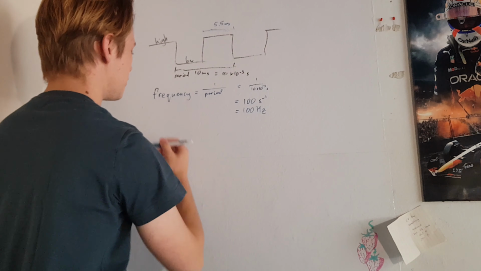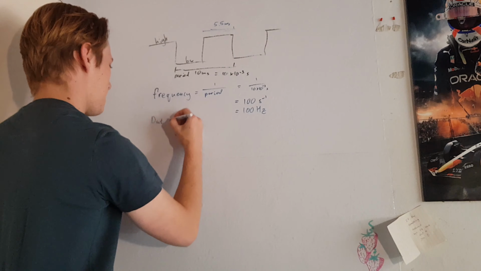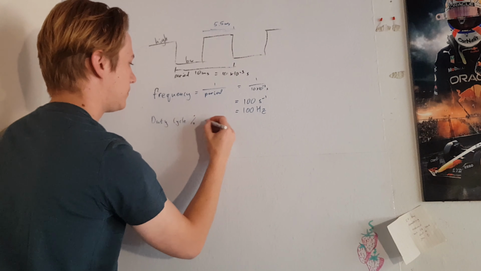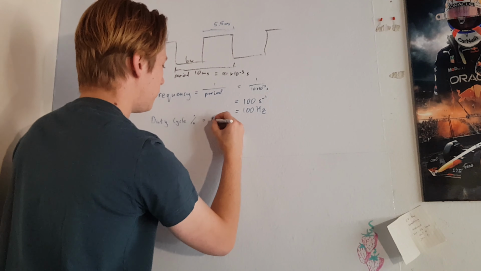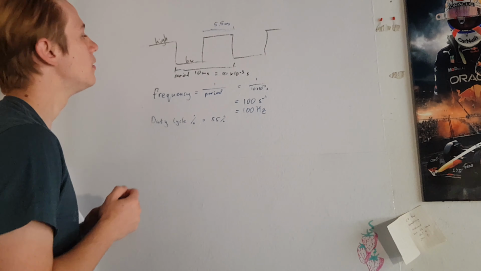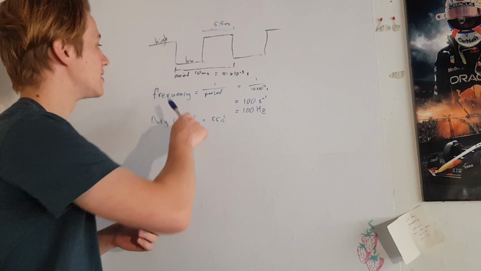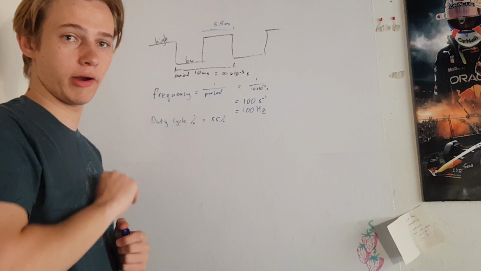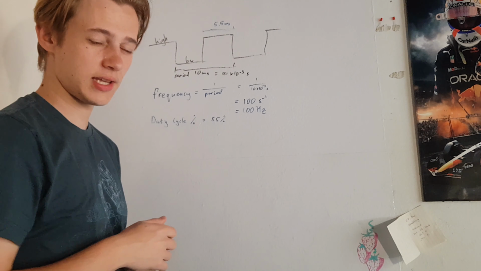The duty cycle percentage would equal 55%. In other words, the duty cycle percentage is simply the total percentage of one period that is made up by the high state.